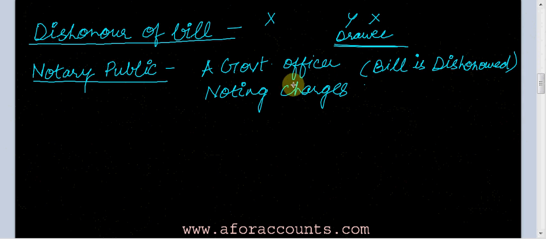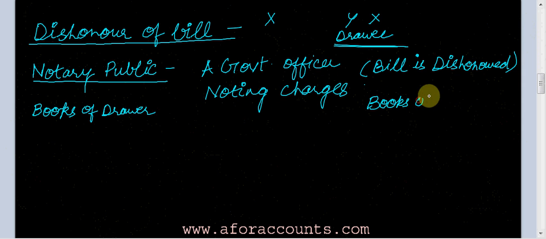Let's take some examples with entries to have a better understanding. I will say this is the books of drawer, and I have books of drawee. See, what happened is drawer sold goods to drawee.